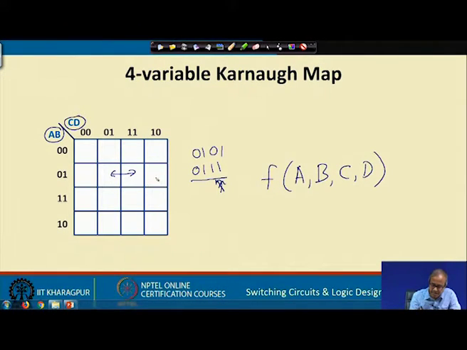Now, you take any pair of cells vertically, take this and this. The upper cell corresponds to 0 1 1 0, the lower cell corresponds to 1 1 1 0. You see, these are also adjacent, only the first variable is different, the other 3 are the same, right.